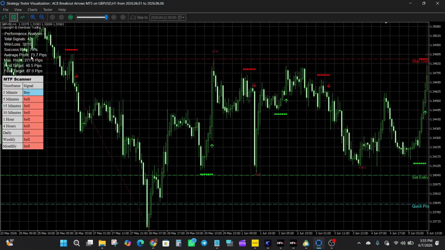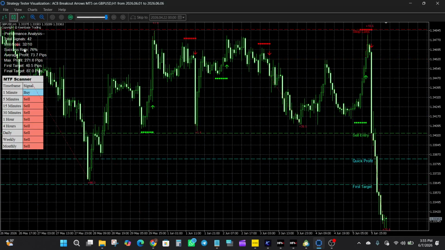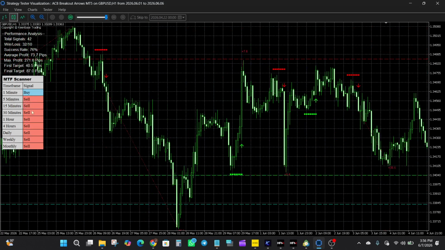All right, and you can see this information here: the total signals, the win and loss ratio, the success rate, average profit, max profit, first target, final target. And you can also see the MT5 scanner here showing the signal across different time frames: M1 included, M5, M15, M30, H1, H4, daily, weekly, and monthly, all included.